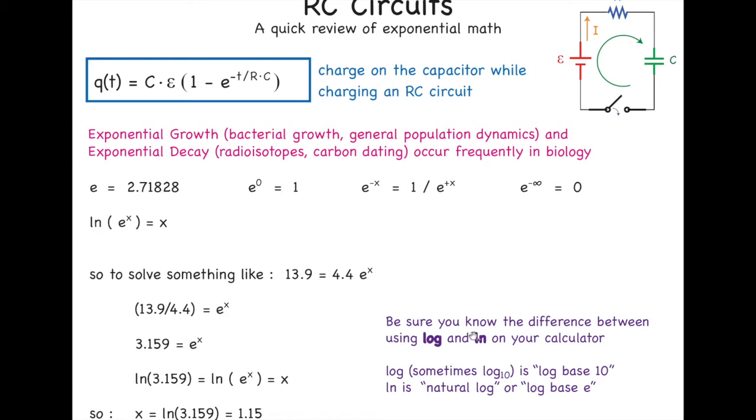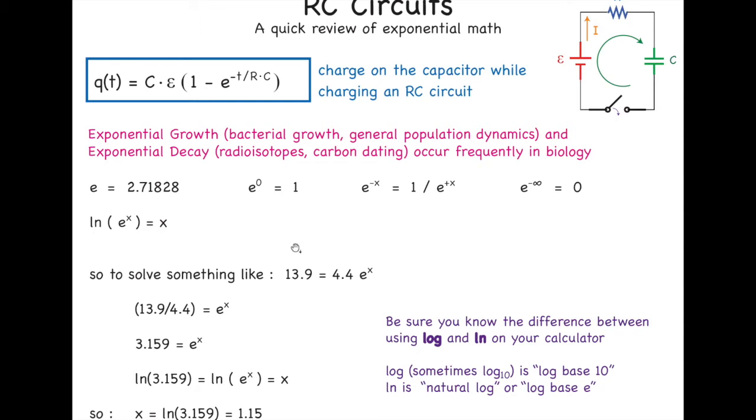Be sure you know the difference between natural log, abbreviated ln, and the other logarithm often written as log, which refers to log base 10, sometimes written with a subscript 10. Both of these functions exist on your calculator. The inverse of e to the x is the natural logarithm. The log base 10 is the inverse function of 10 to some power. So for this function, you have to be sure to use the natural logarithm as the inverse.